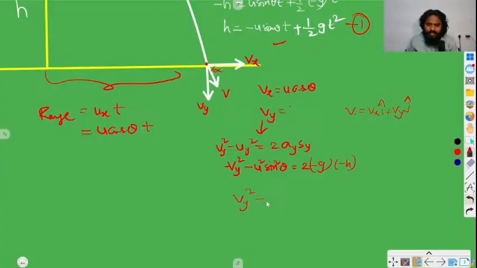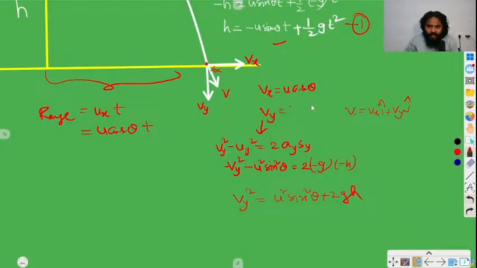Vy square is equal to u square sin square theta plus 2gh. That's it, right? Yeah, u square sin square theta plus 2gh. This is the vy square, no need to buy. Okay, right?